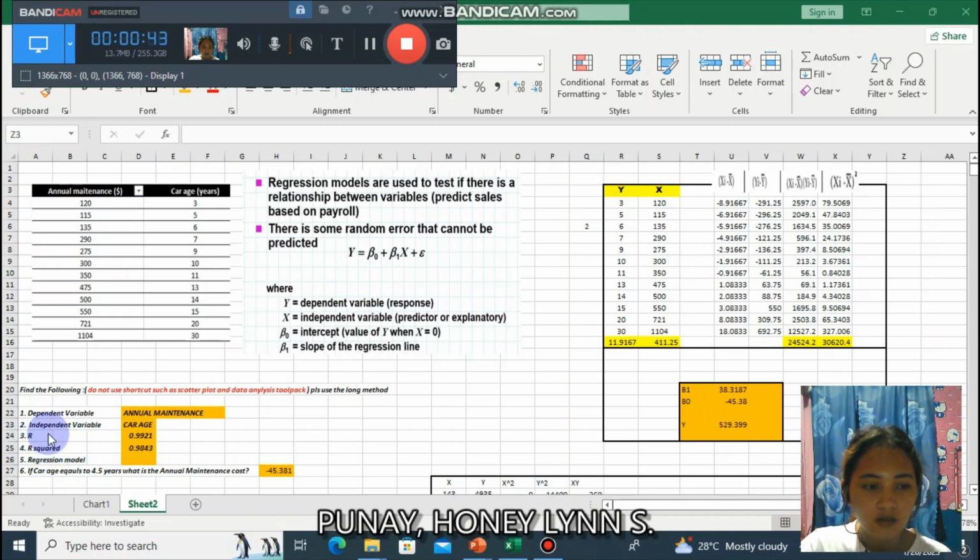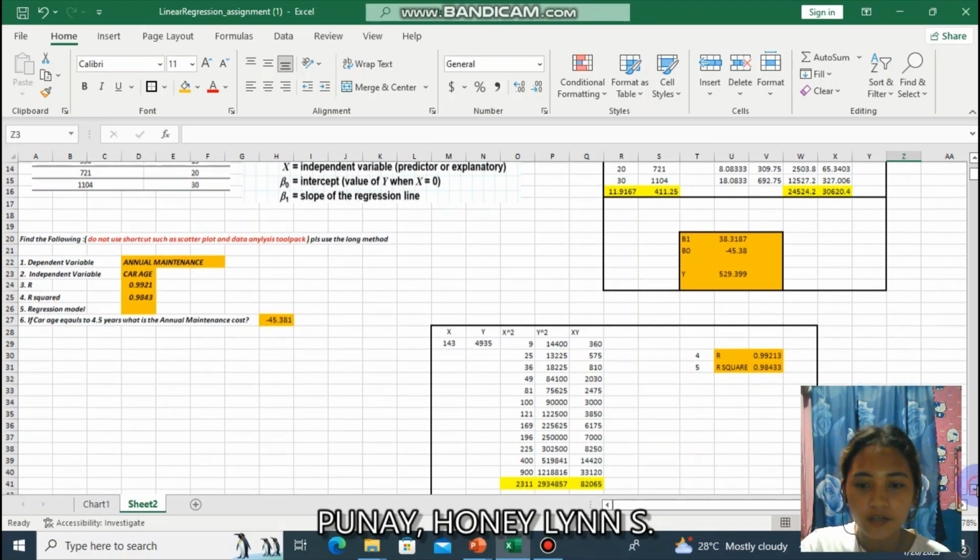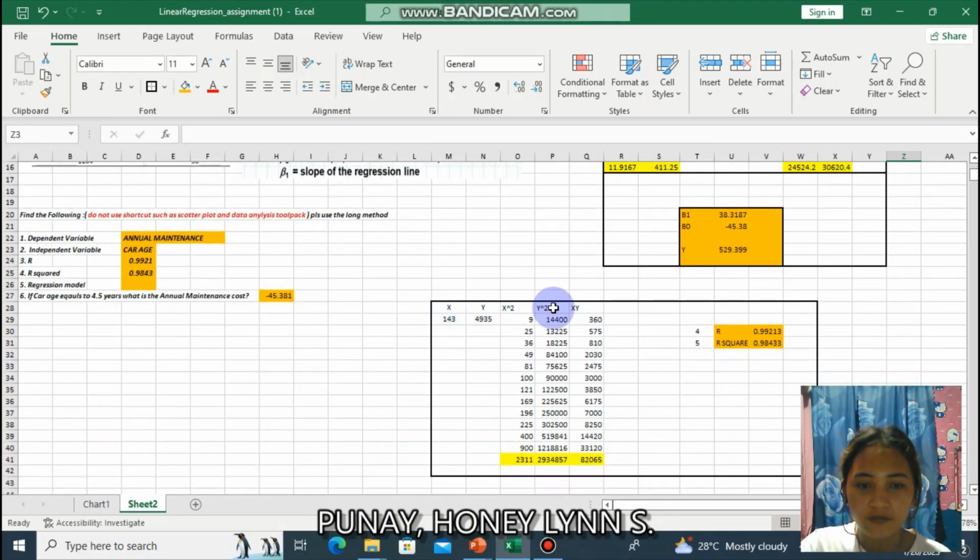So to find the value of r, first we should answer the following data.